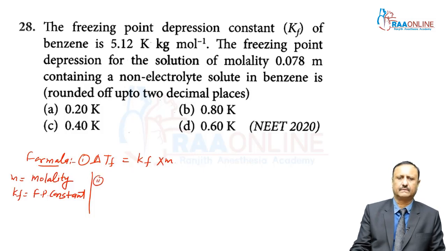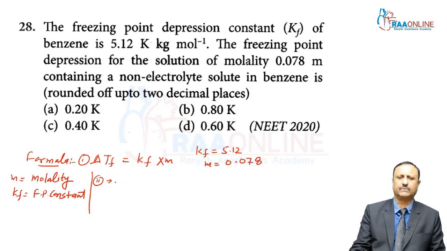Number two, you can put the values. What is the value of Kf here? 5.12. He wants the freezing point depression constant of benzene, so Kf is equal to 5.12, and molality is equal to 0.078.